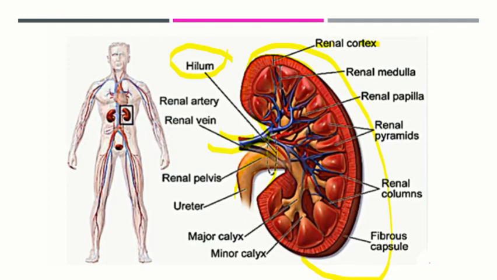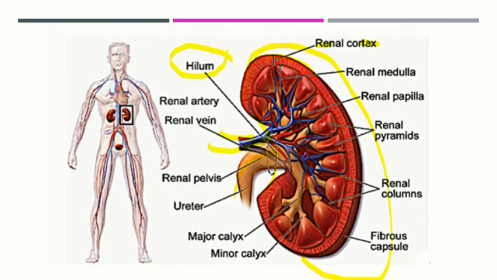Why is the word renal associated? The word renal is associated with the kidney, just like the word hepato is related to the liver. In this way the words are used. Take the heart, for example, that is cardiac. Every detail associated with cardiac means associated with the heart. Renal means everything associated with the kidney.